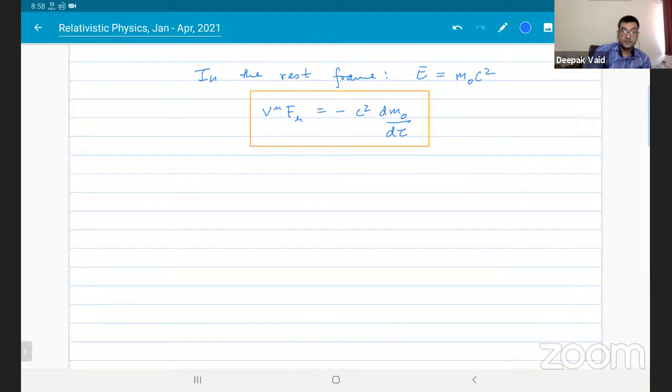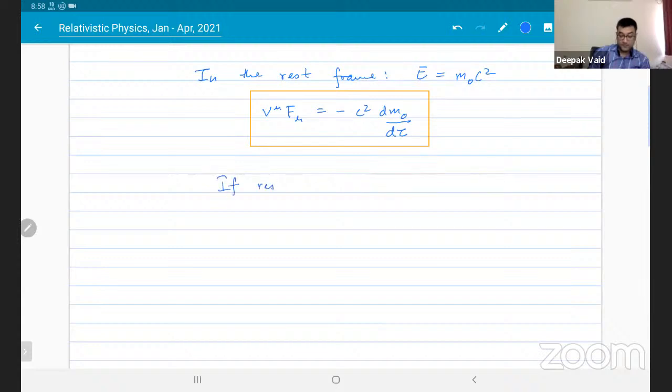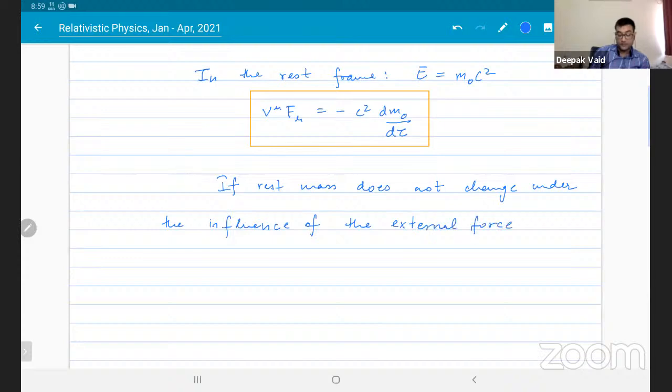Now, does the rest mass of the particle normally change? No, sir. Right? So if the rest mass does not change under the influence of the external force, okay, so there is some external force acting on it.